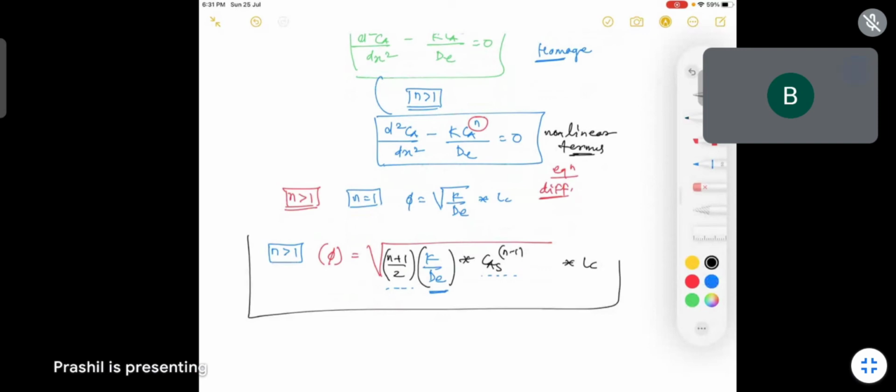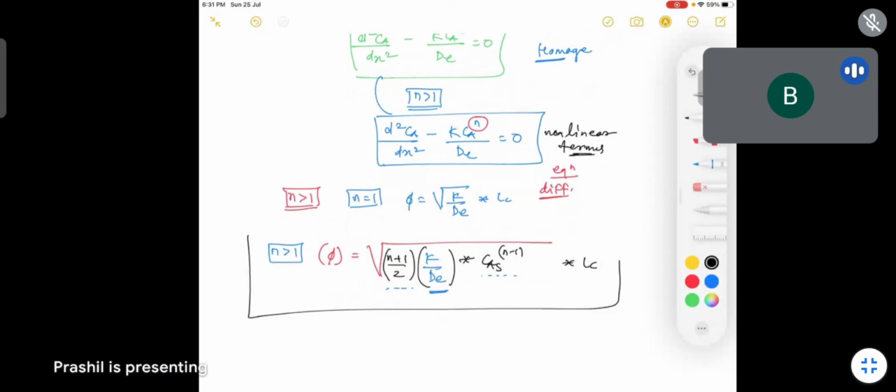Now we are up to here: how to calculate phi for an nth order reaction. For n equals 1 and a cylindrical pore, we got the efficiency as tanh(ml)/ml.